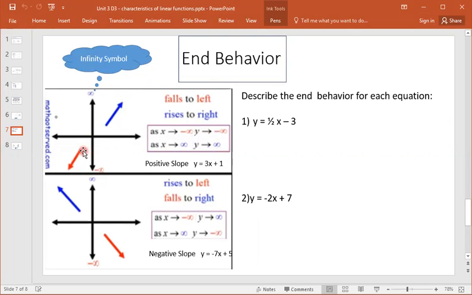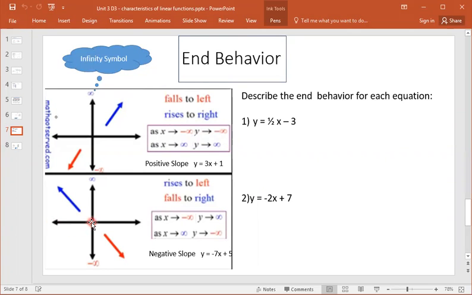Okay, so I would know that if I look at a line and it's a positive slope, this is positive slope here, the line is increasing. When you have a decreasing line or negative slope, it rises on the left and it falls on the right. So our first as section says as x approaches negative infinity, you can see that that line is going up to positive infinity.